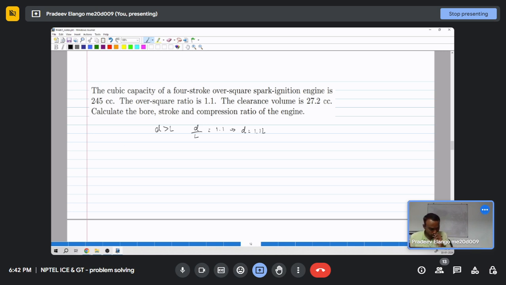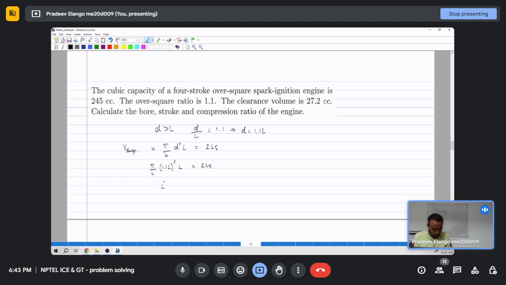And we know the cubic capacity, that is displacement volume. So cubic capacity is displacement volume, that is pi by 4 D square L, equal to 245 cc. Now if you put D as 1.1 times L, we will have pi by 4 into (1.1 L) whole square into L equal to 245.